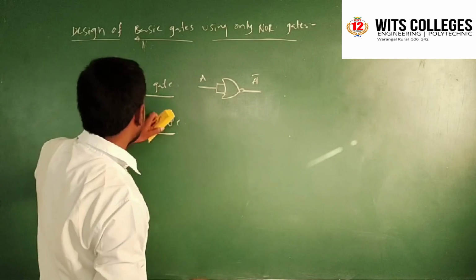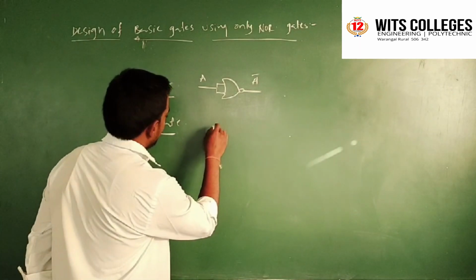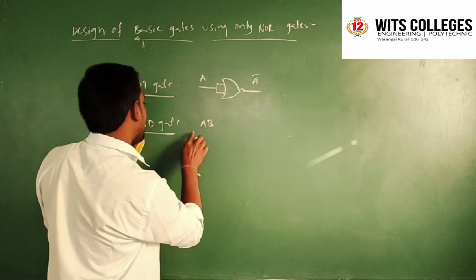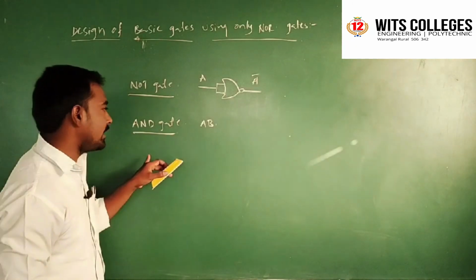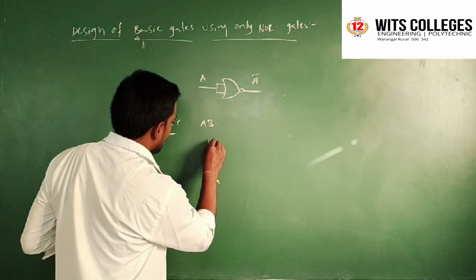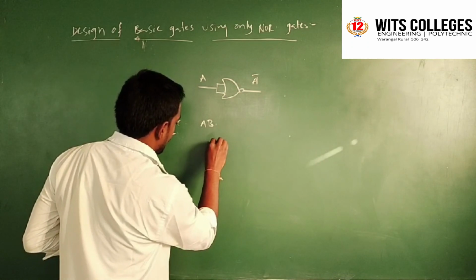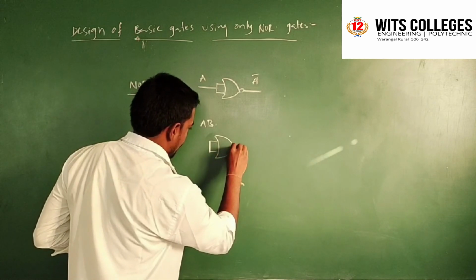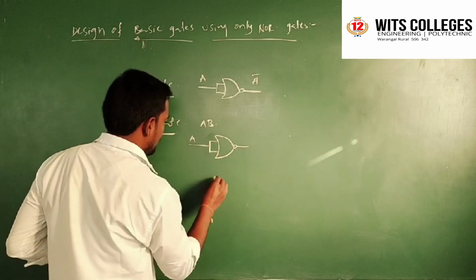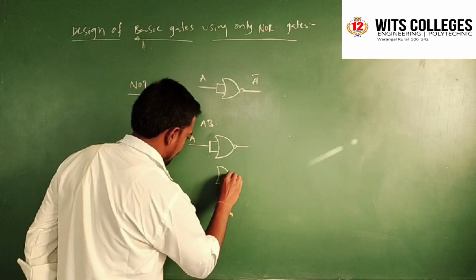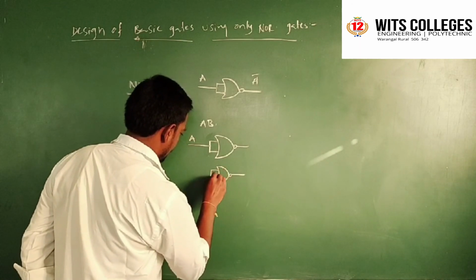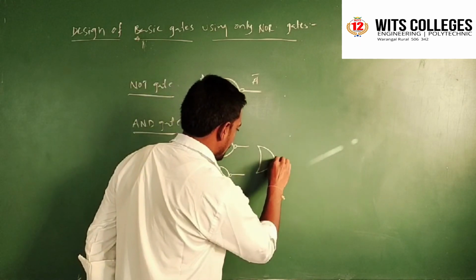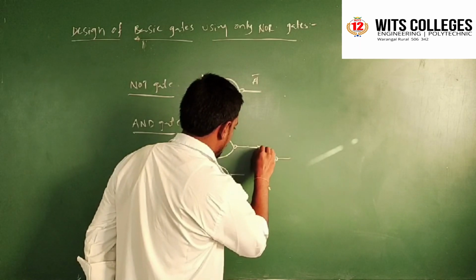The AND gate equivalent circuit: the AND gate is A into B, and we have to get the output equal to A into B. So here this is the A input, and this is the B input, and these are connected to another NOR gate.